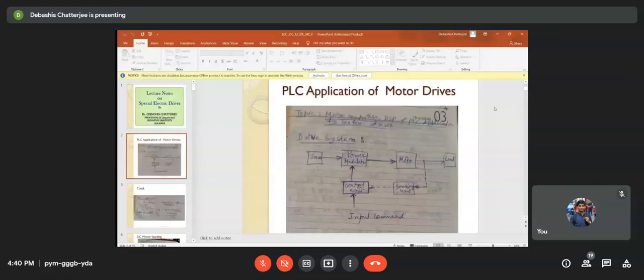And a few of them manufacture machines and drive systems, like Siemens, or earlier Allen Bradley, now Rockwell Automation, Siemens, ABB. These are system providers along with the motors and drives.